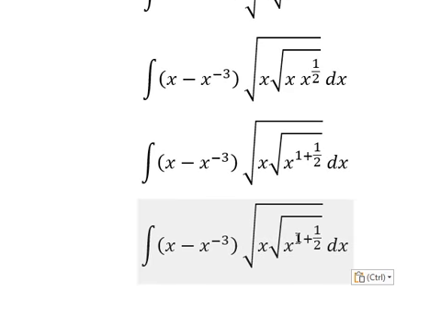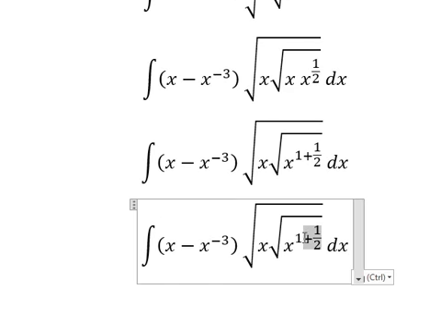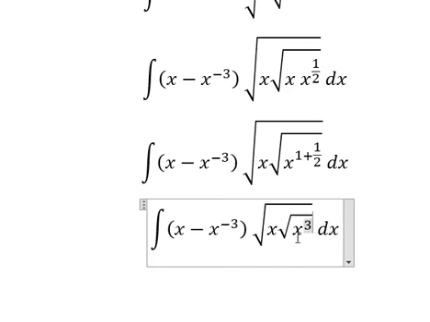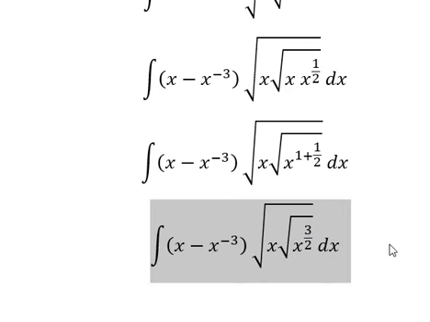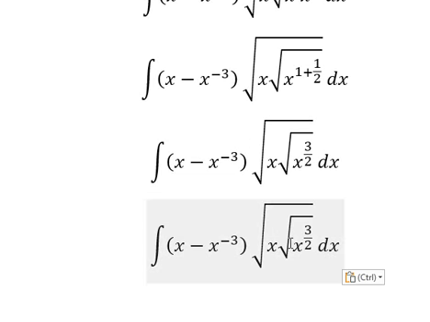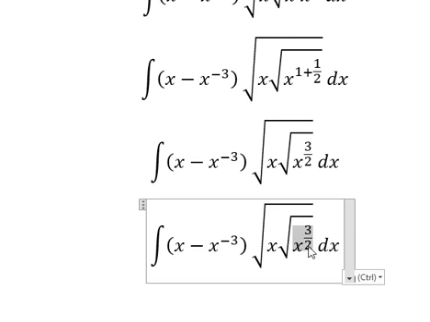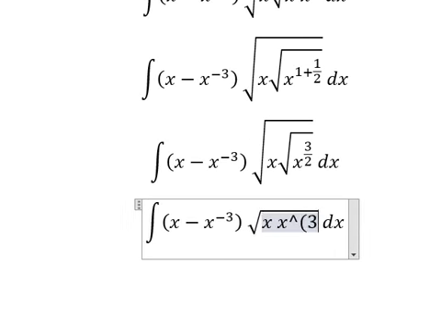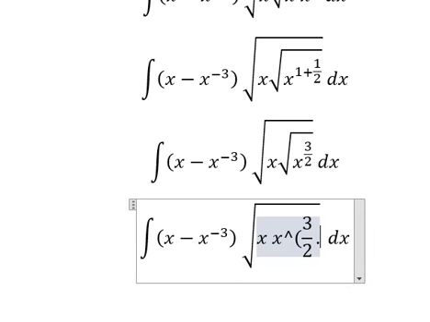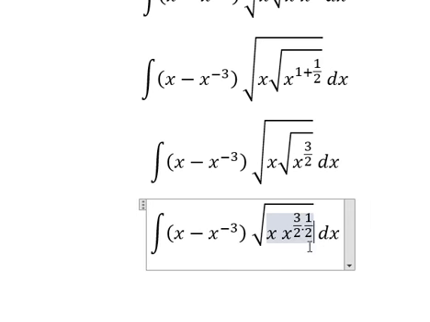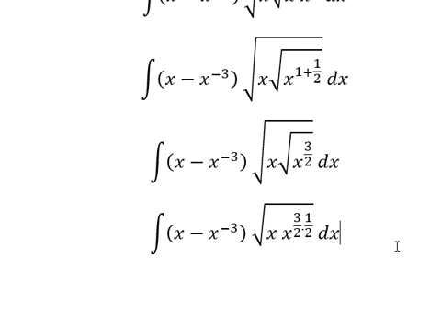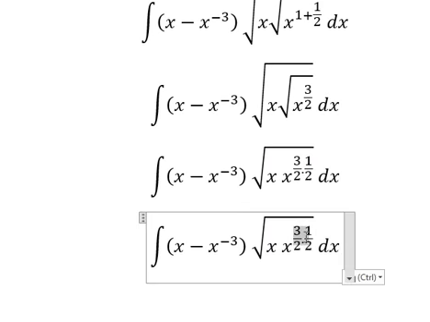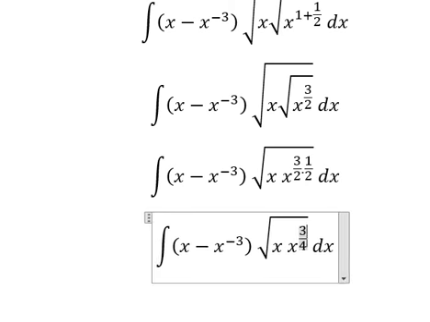So 1 plus 1 over 2, we have 3 over 2. Next, the square root of this one, we will have x to the power of 3 over 2 multiplied by 1 over 2. And this one we have 3 over 4.